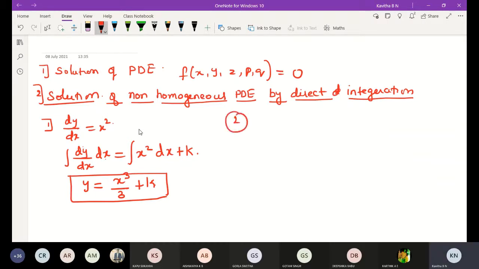Now the second one, observe here, del u by del x is equal to x square. This is a partial differential equation, and we need to find its solution.